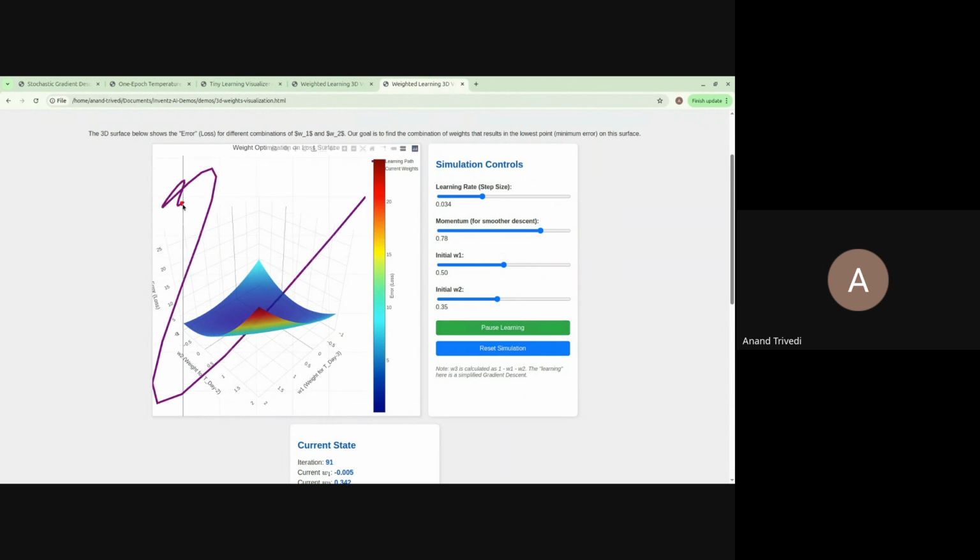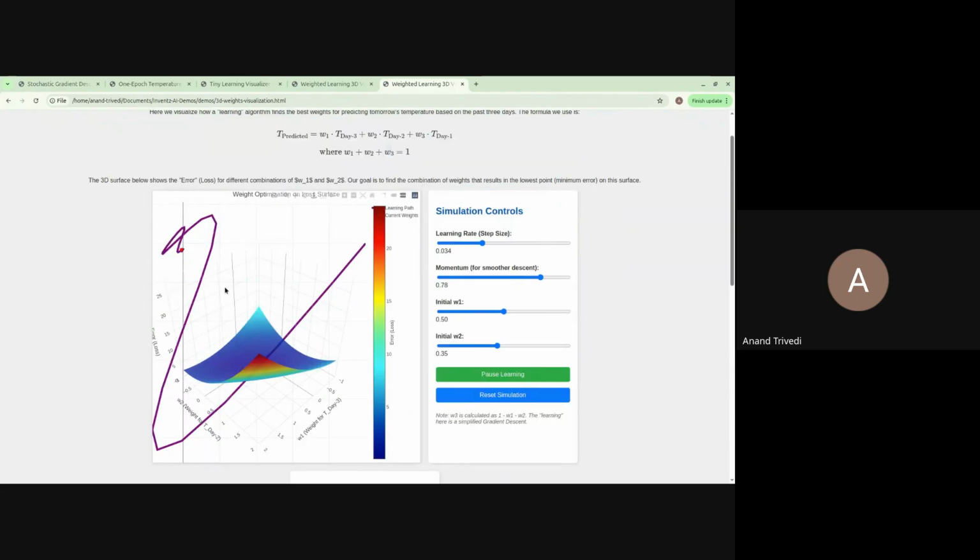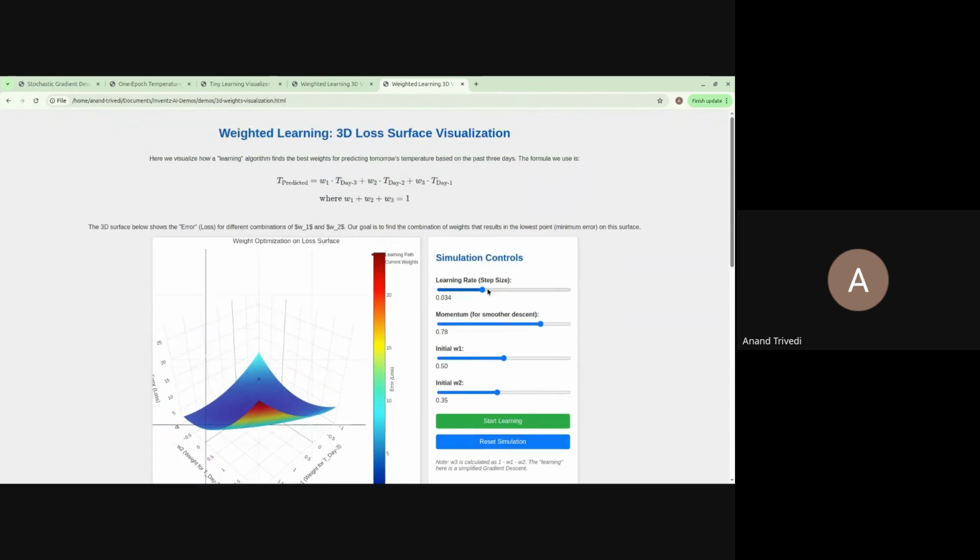Okay, this time it has settled here, which is very far from where it was settling earlier. We do not know if this point or that point is the optimal one, because obviously here we are not testing the data. I can reset it and play with more weight initializations.